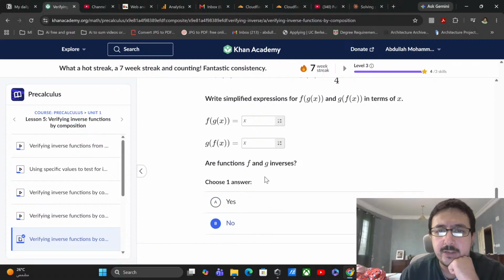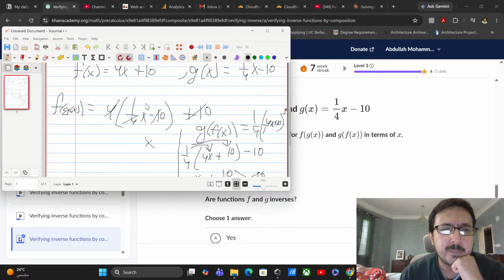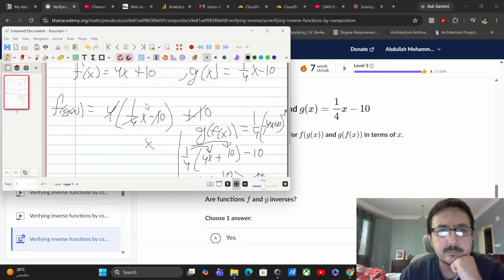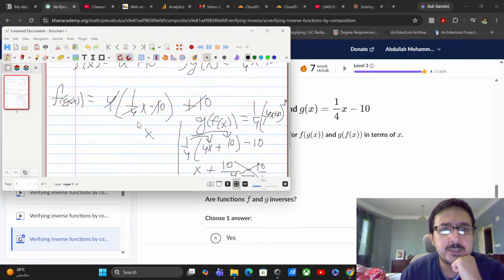It's definitely no. And here it's minus 7.5. So here's the problem. What did we do wrong here? It's not x. See where we went wrong?